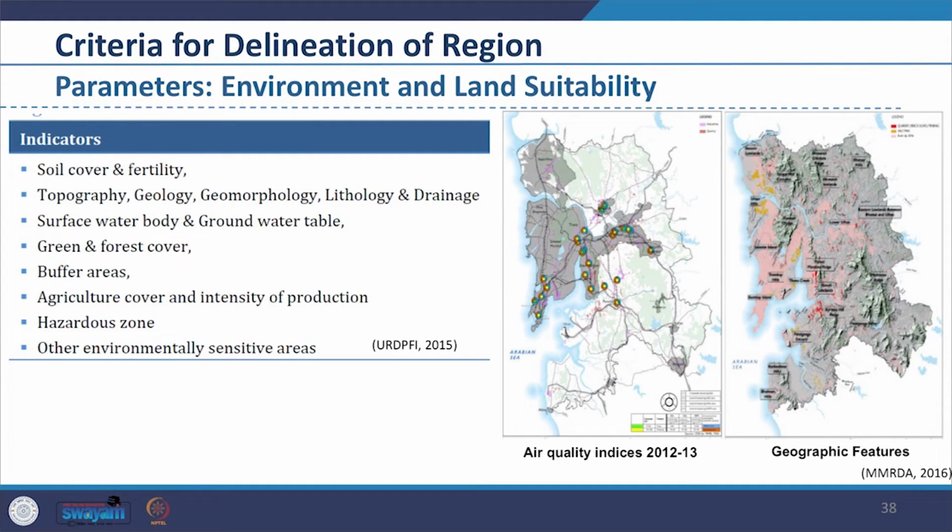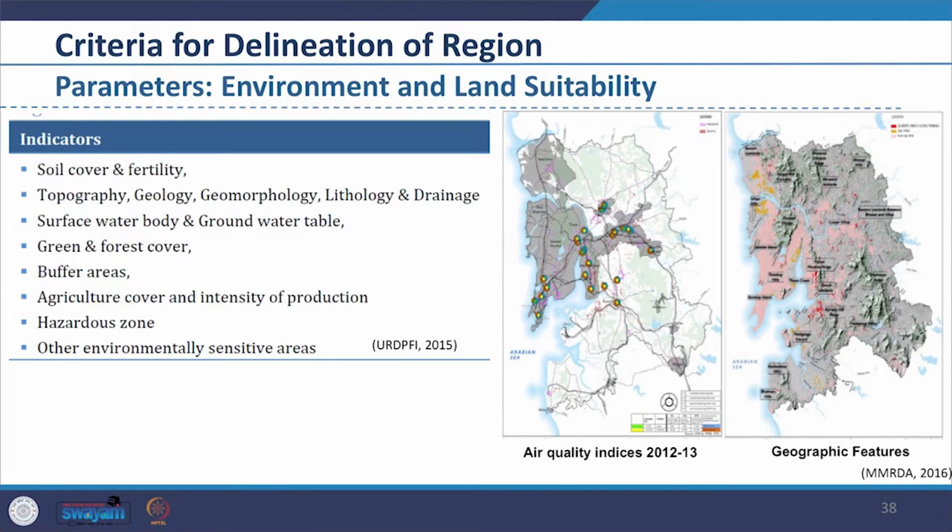And then the indicators which are used for this purpose include soil, cover and fertility, topography, geology, geomorphology, lithology and drainage, surface water body and groundwater table, green and forest cover, buffer area, agriculture cover and intensity of production, hazardous zone, other environmentally sensitive areas.